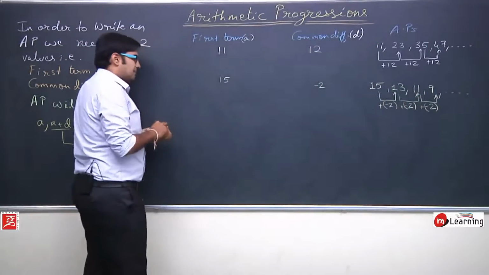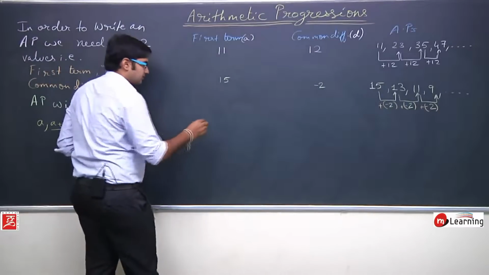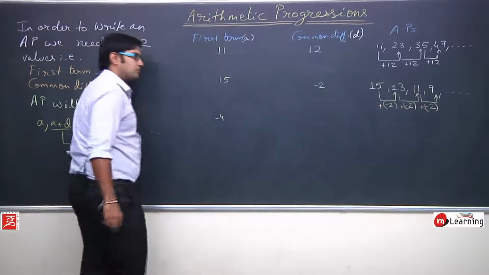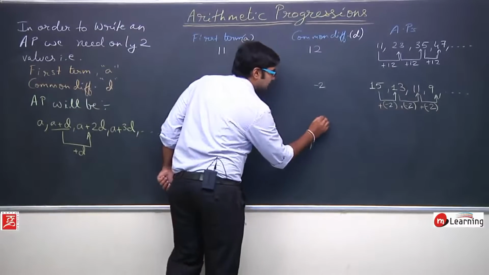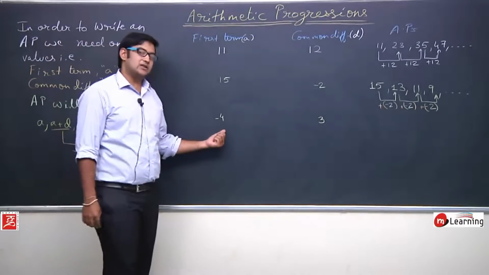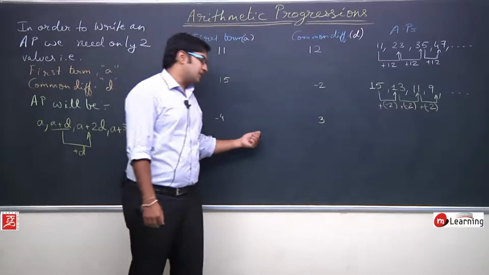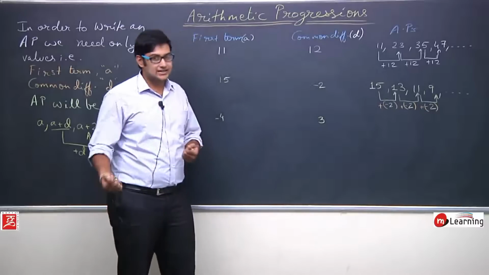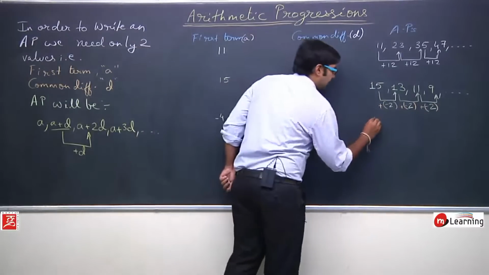Okay, third example, if I have first term as, let us say, minus 4 and the common difference as 3. Now you can see, I have taken the first term as a negative value and the common difference is 3. So what should happen in this arithmetic progression? Will this AP be increasing or decreasing? Let us check this. First term is minus 4 as it is.